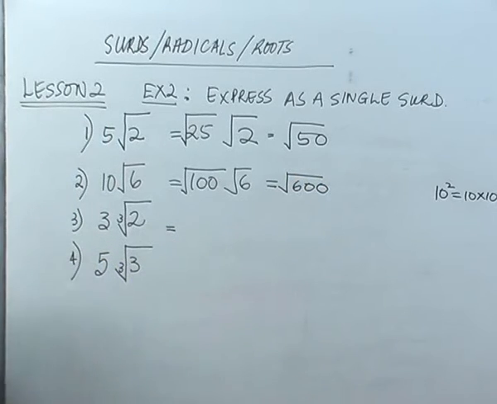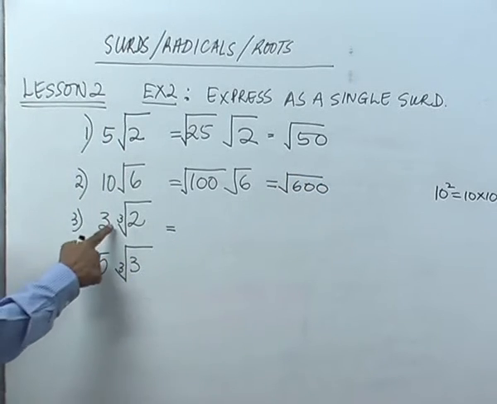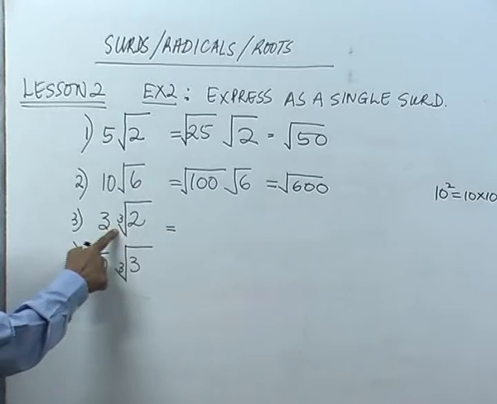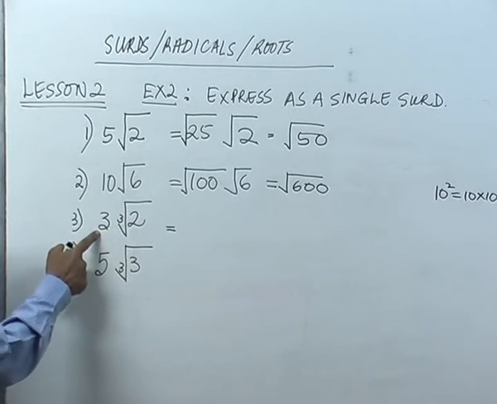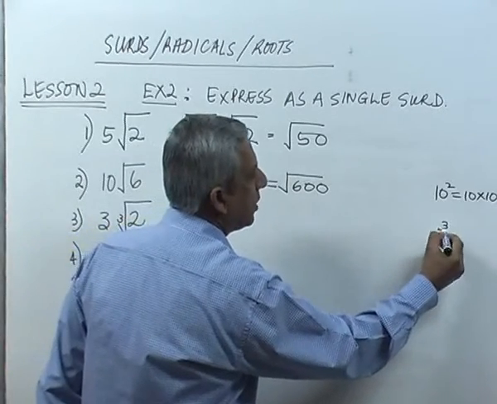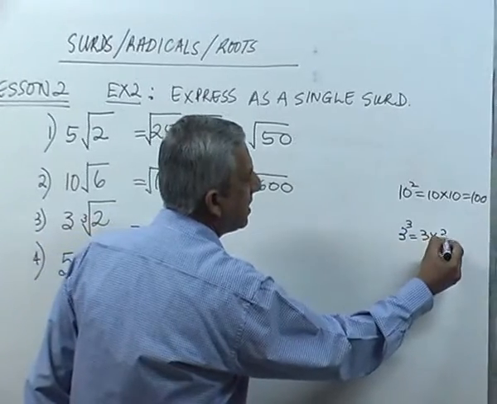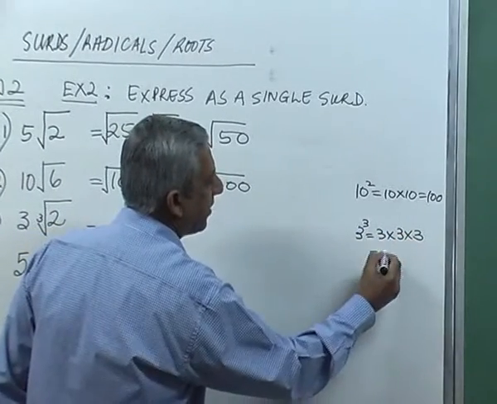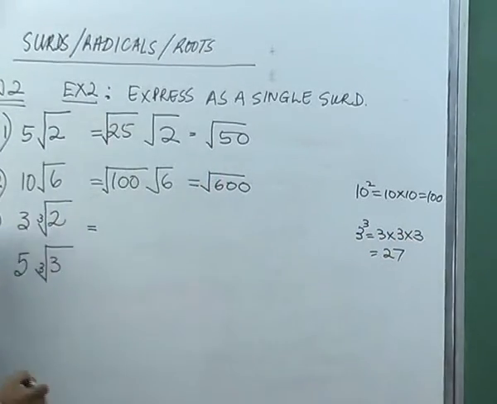Let's do the next one. Now be careful. In this example, it's a cube root. Therefore, this 3 will have to be cubed. So it will be 3 cubed, which is 3 times 3 times 3, which finally gives you 27.